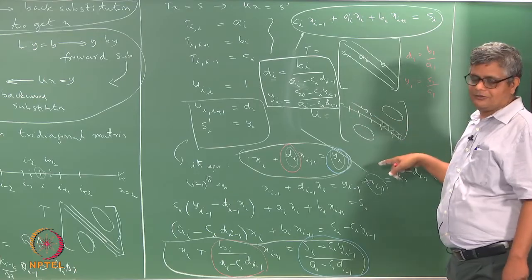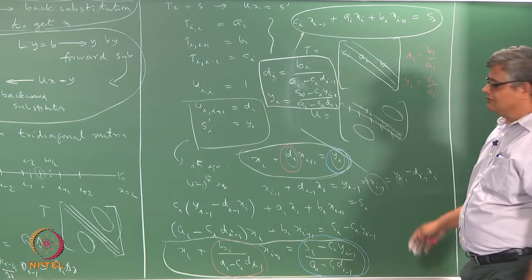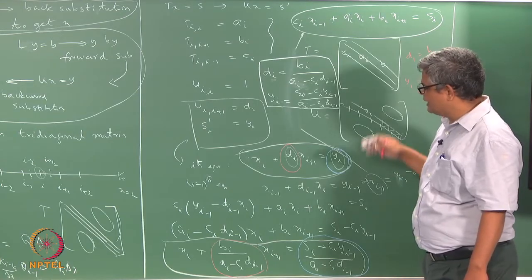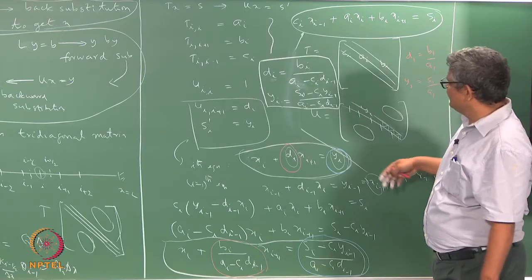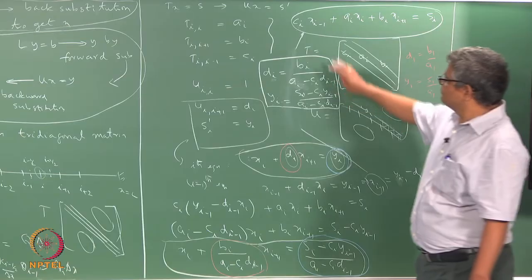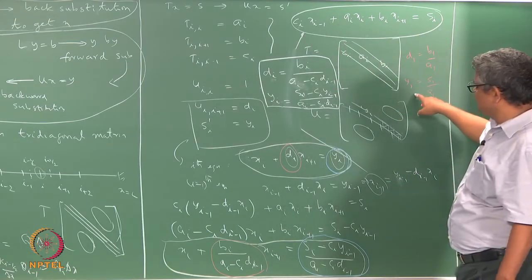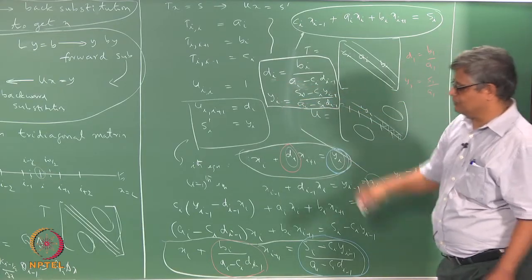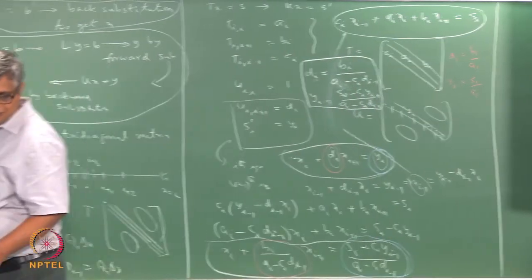These can be any values, but these have to be fixed in order to get a unique set of values here. So, in this algorithm we put all of them to be 1, and then we have exactly as many equations as are needed to determine these di and yi, and this can be put in simple recursive forms. So, from known values of ai, bi, ci, si, we start with the initial values, and then we find all the di and yi, and through the back substitution process we get the final solution.